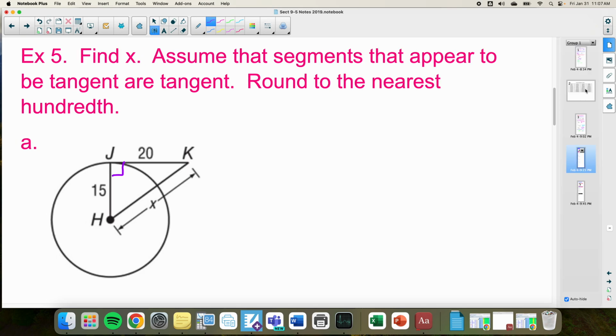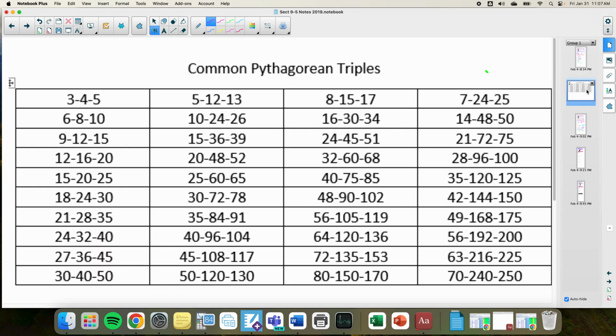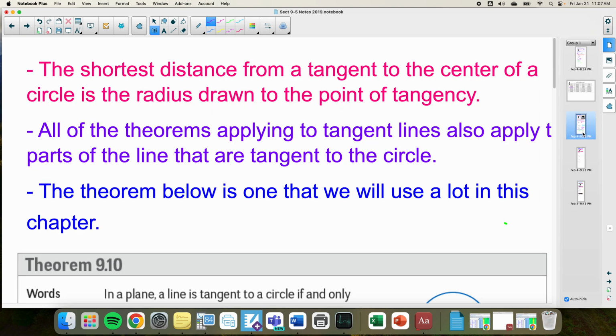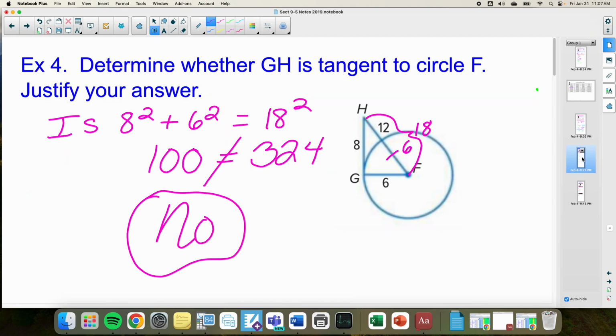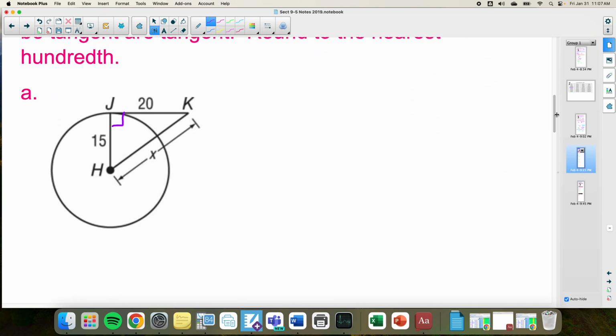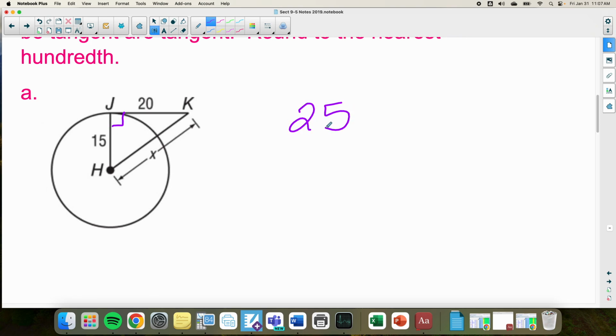If I look back here, 15, 20, 25 is one, okay? So because of that, I know that my x is just 25. If you didn't notice that, then you would do 15 squared plus 20 squared equals x squared and just solve that, okay?